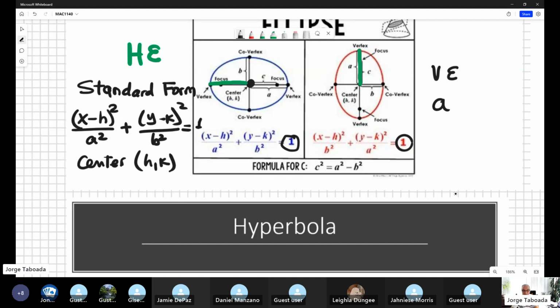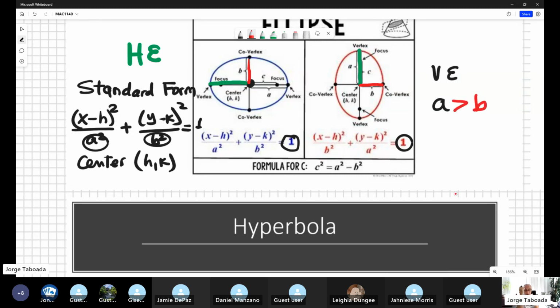This distance, the semi-major axis, is important to understand because it's a. Look at the formula, we have a squared. This a is a distance, and this distance is the semi-major axis. And who's b? Well, b is the semi-minor axis. Let me use another color. That distance is b. Important to say something: always a is bigger than b.